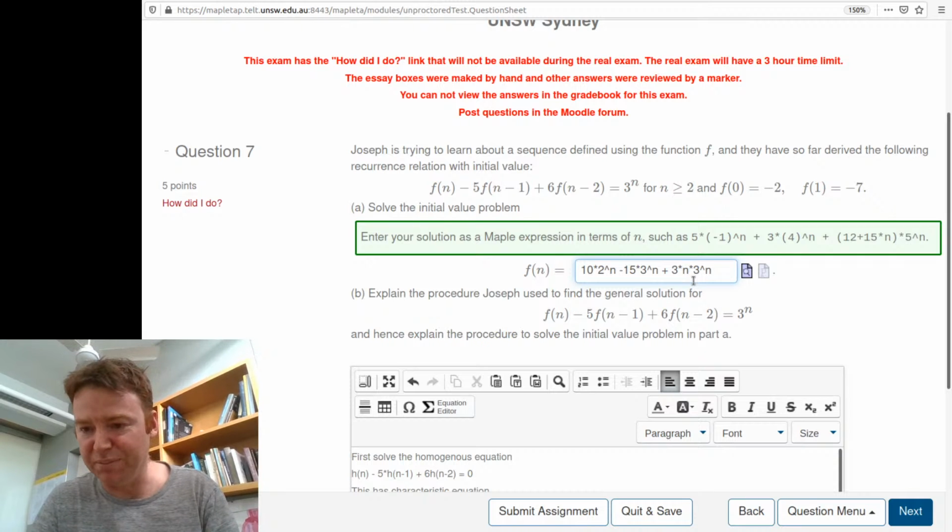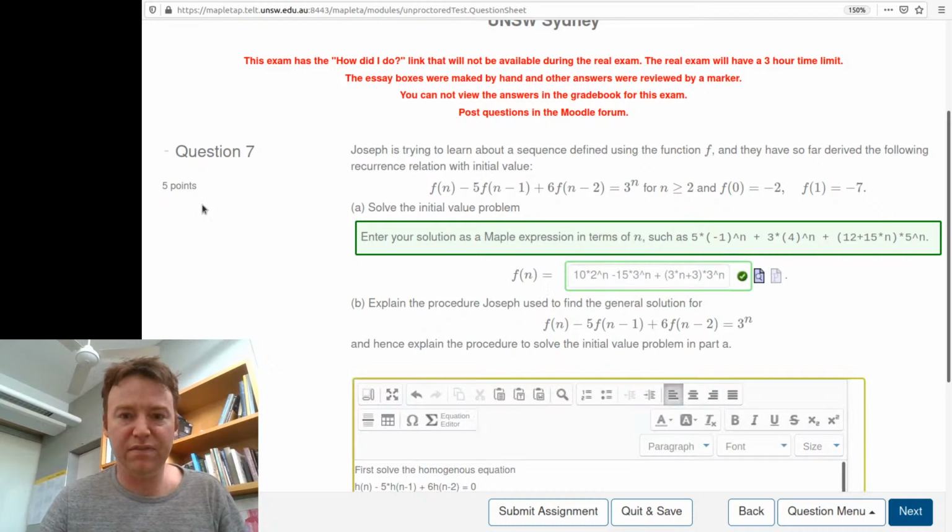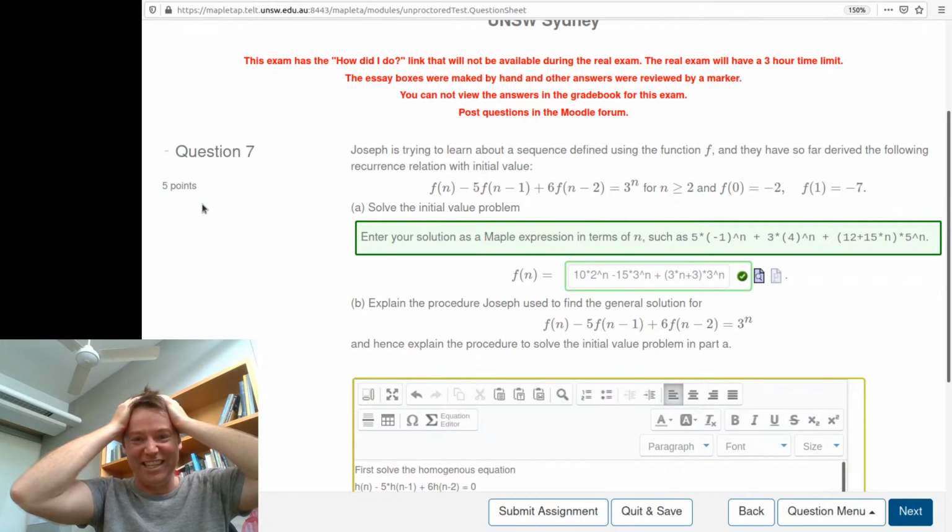That can't possibly be the answer. 3n plus 3, that's exactly the same as what I wrote. Plus 3 times 3 to the n. Oh my god. That's not right. That's the same as my answer. That is my answer.